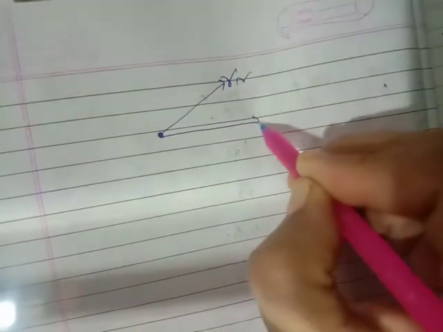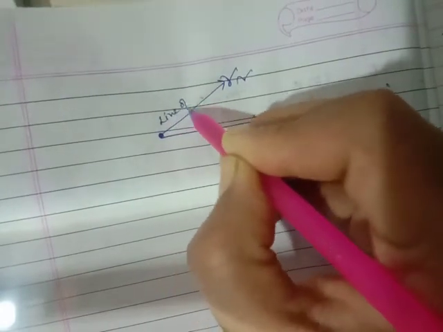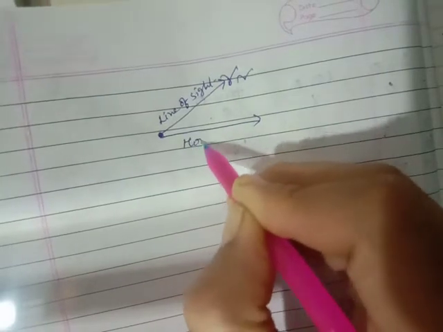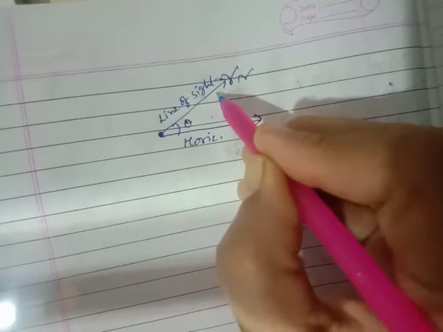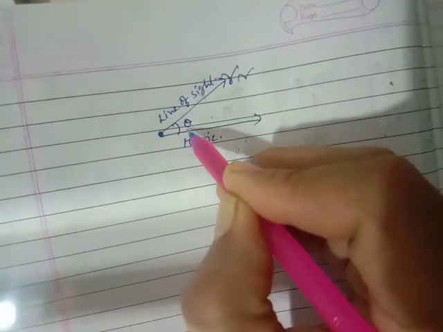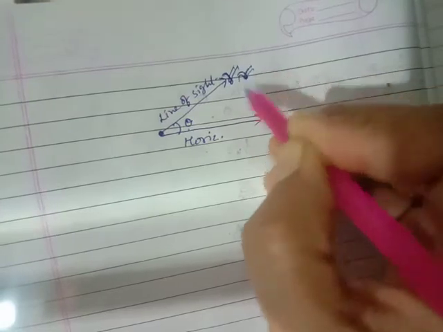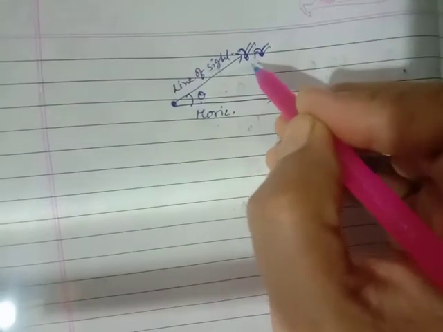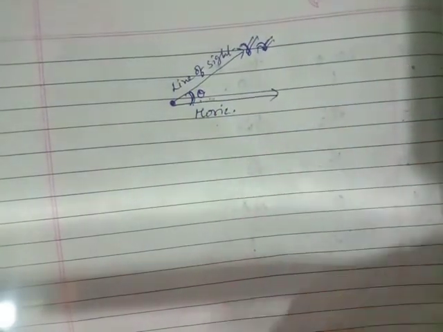So this is the line of sight and this is the horizontal level. So the angle made between the line of sight and horizontal level is theta, and the birds are flying above our head. So we are raising our head to see this. So this angle is called the angle of elevation.